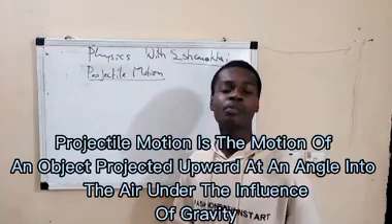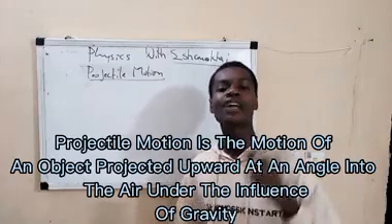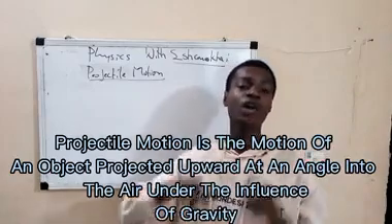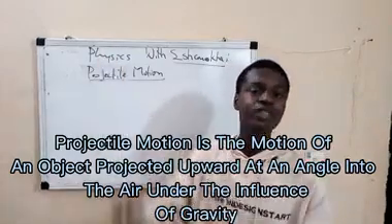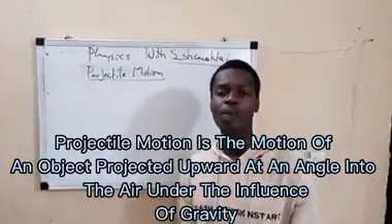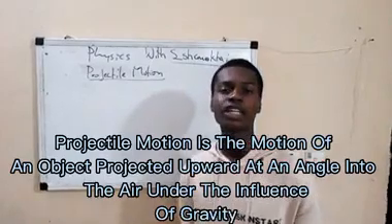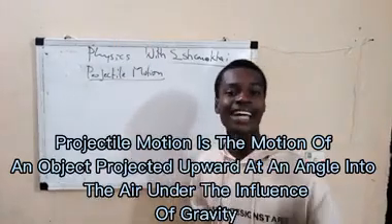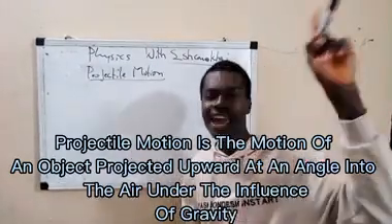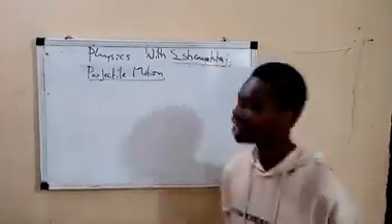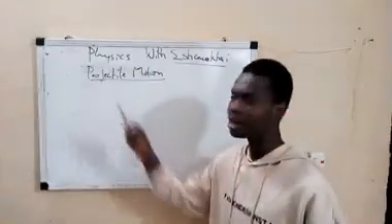I repeat, projectile motion is the motion of an object projected upward at an angle into the air under the influence of gravity. Let me say that one more time. Projectile motion is the motion of an object projected upward at an angle into the air under the influence of gravity. Alright, now that is for projectile motion.